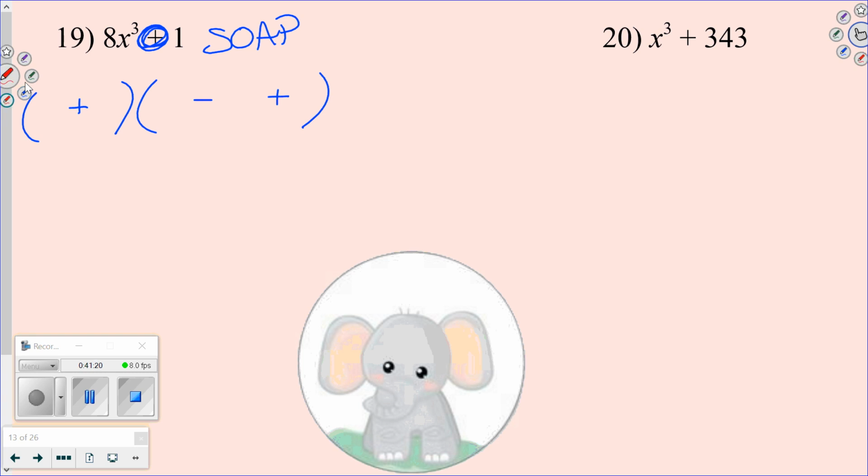All right, then we do the cubed roots of both of these. So the cubed root of 8x cubed is 2x. Cubed root of 1 is 1. Okay, at this point, I don't care about the original problem. We've moved on to square, multiply, square. 2x squared is 4x squared, because 2x times 2x is 4x squared.